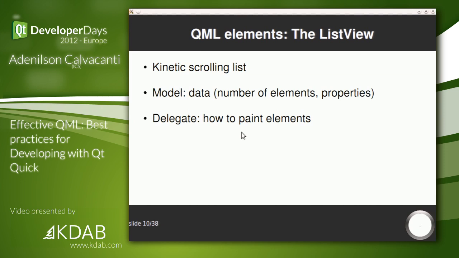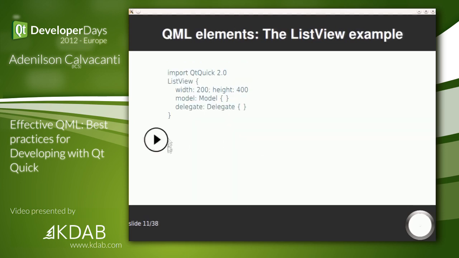You only need to define a model where you're going to have the data with the number of elements and the properties of the elements, and the delegate that tells the list how to paint the data.